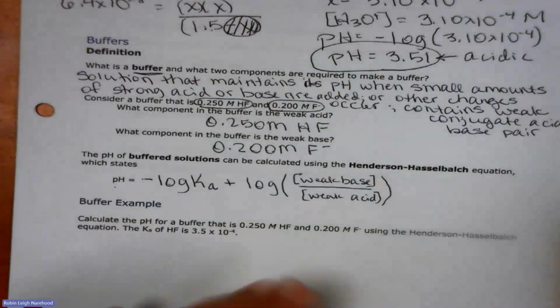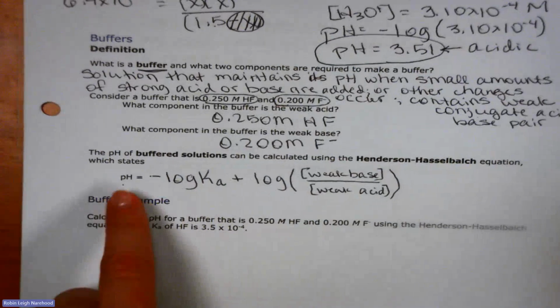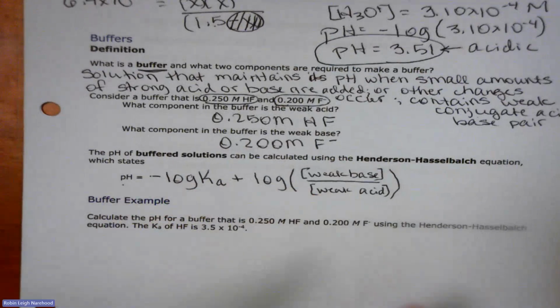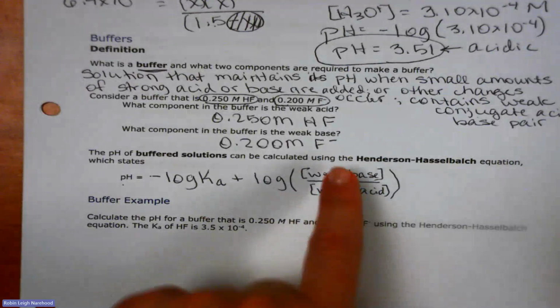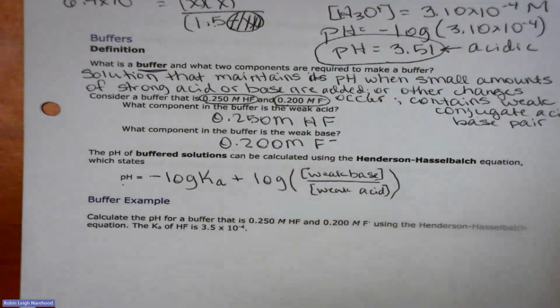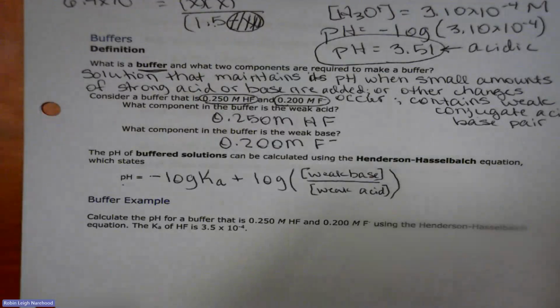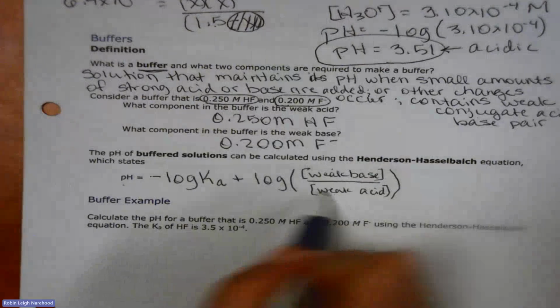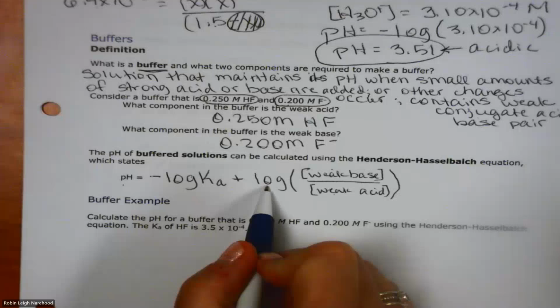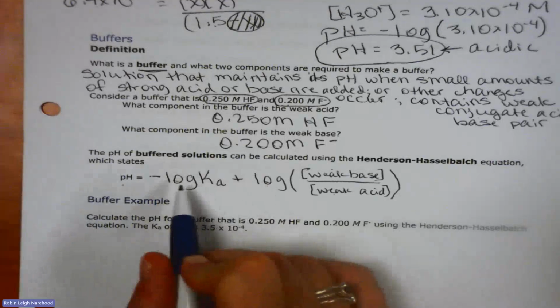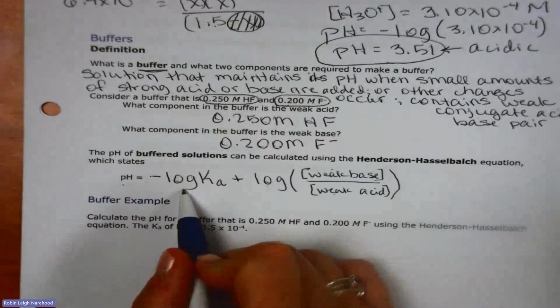In order to use this equation, you have to know how much base and acid, and which one is the acid and which is the base. You divide them, take the log, and then add it to the negative log of the Ka.